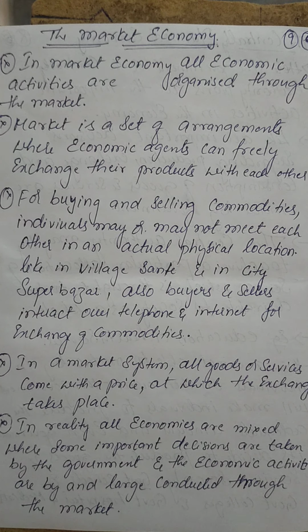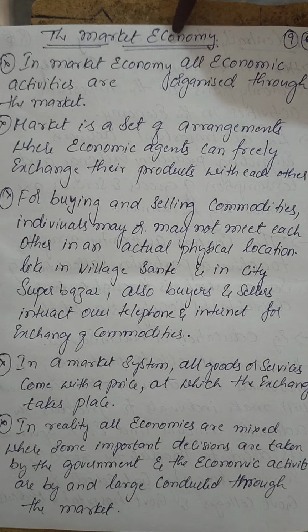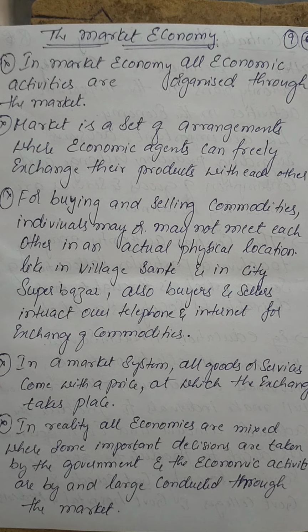Today we'll start with a new concept, which is market economy. What do you mean by market economy? The word itself says it very clearly. Don't be in a hurry; observe things properly, then make a note in your notebook.